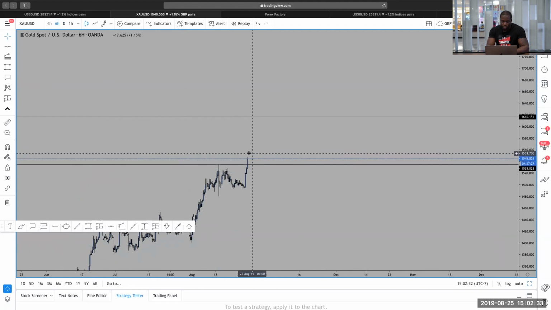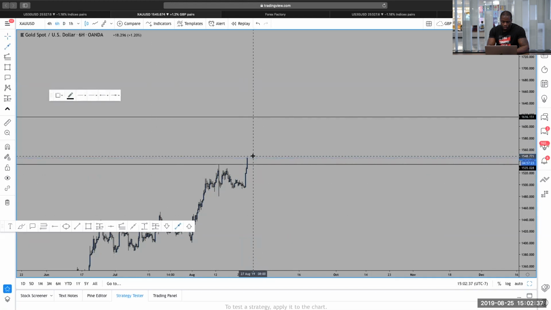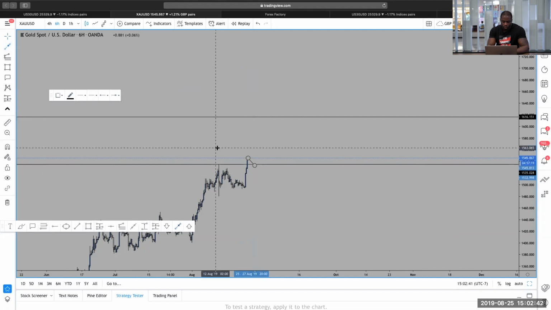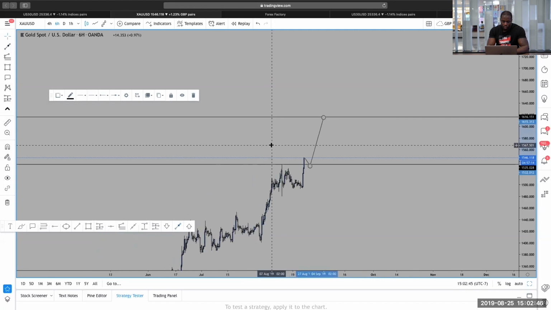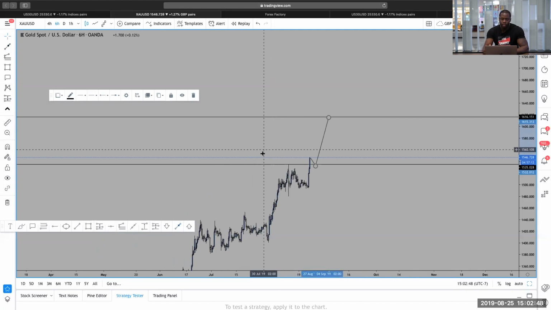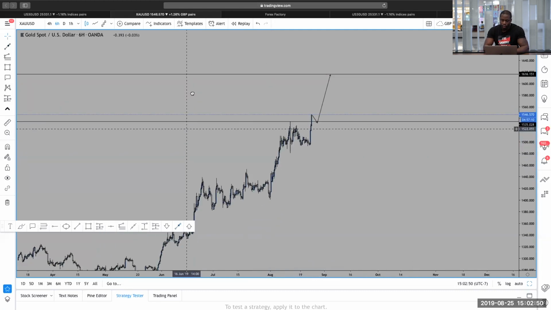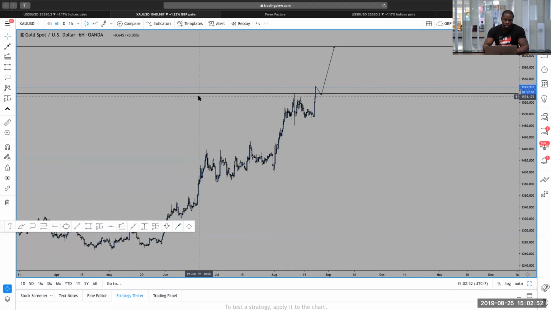I'm waiting for it to retest and then be a continuation to the upside. We're not entering this right away because we always want to be buying it low and taking off, right? We're going to have a lot of volatility in the morning. So we're seeing gold taking off to the upside.